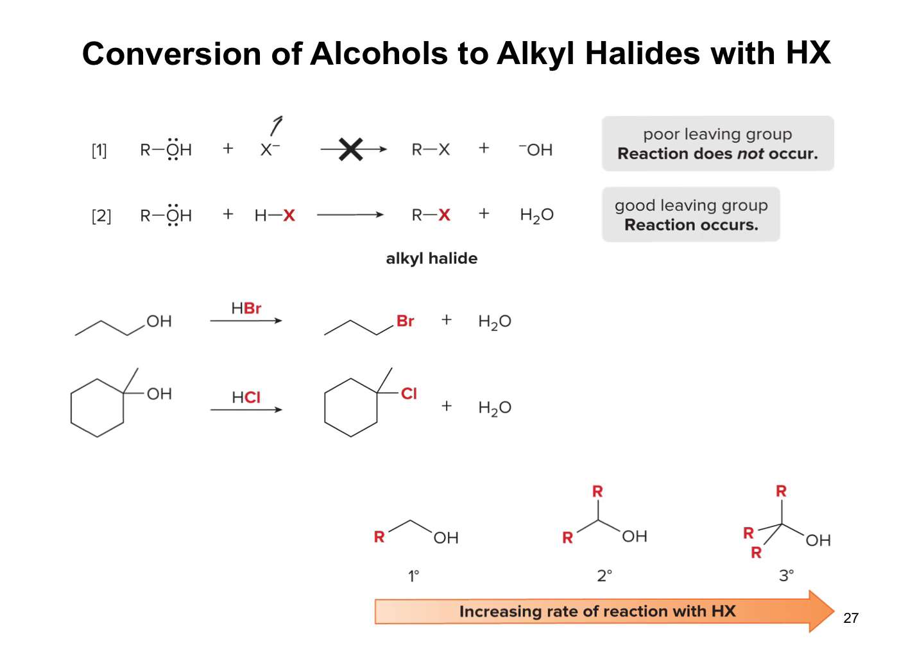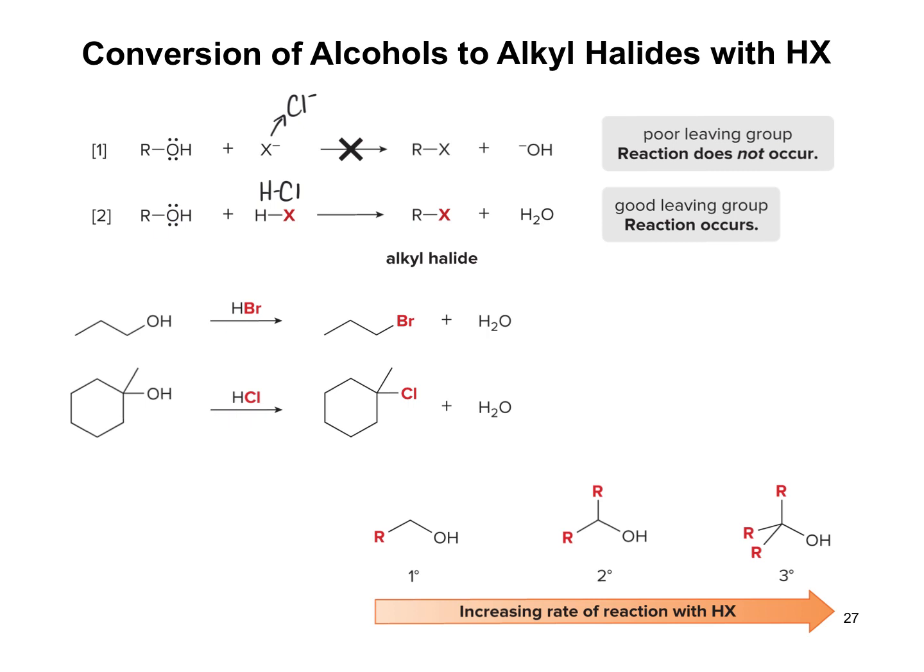If I were to take this and just react with Cl-, this reaction is not going to occur. I have to use the acid component of the Cl, like HCl, for this reaction to occur and form the alkyl halide. The reason this won't work is because the OH is a poor leaving group. The HCl will come in here and protonate this, and then we'll have a good leaving group.